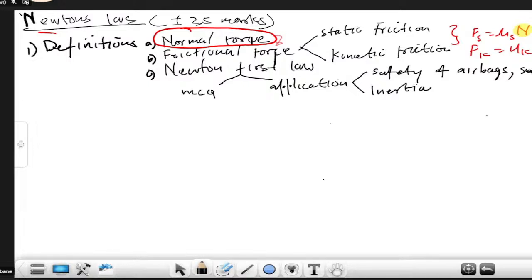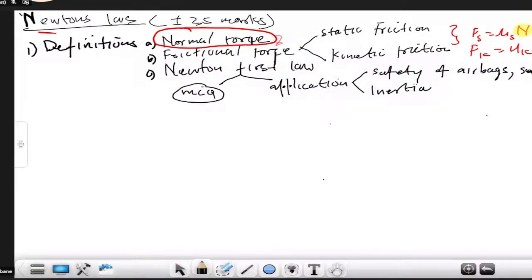So the object will continue to move in uniform motion unless acted upon by a non-zero resultant force. So basically, there isn't much to worry about in Newton's first law. So when you prepare further, just try to find a multiple choice and maybe the application of inertia.